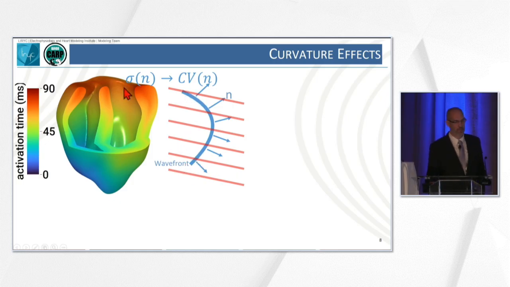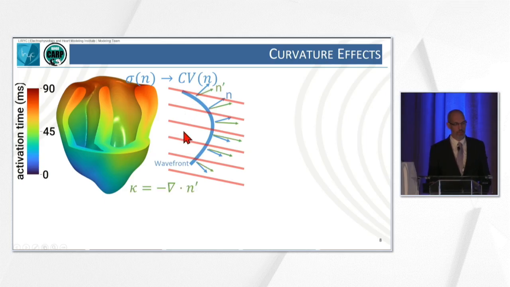The conductivity that the wavefront sees depends on the direction of the normal relative to the fiber. So the current flows easily along the fiber, so in that direction the conductivity is the lowest and the conduction velocity is the fastest. So we can use this conductivity to figure out our conduction velocity.